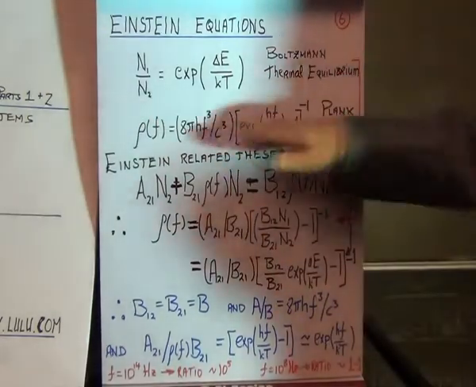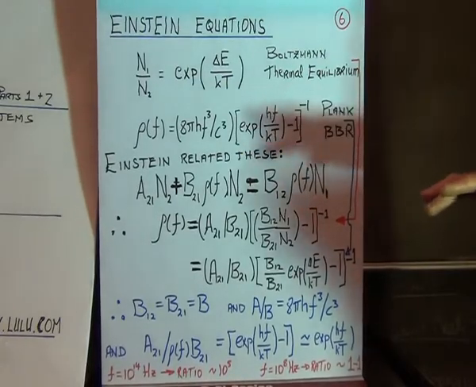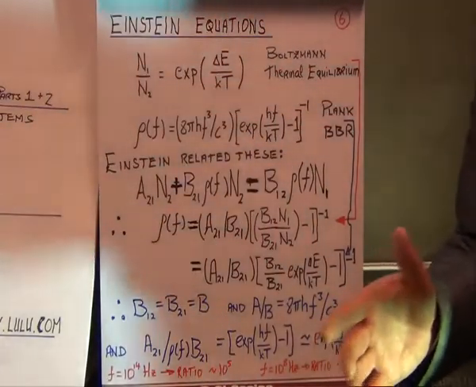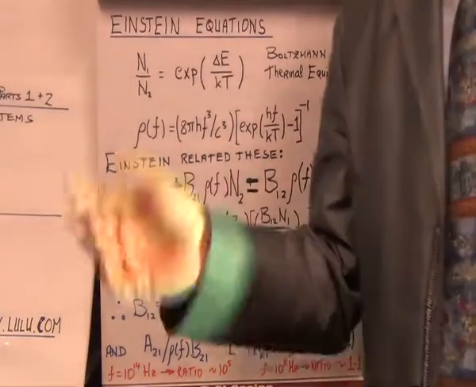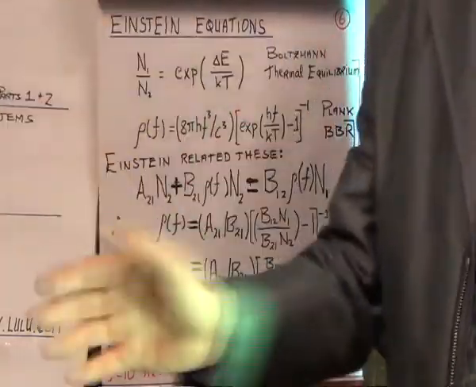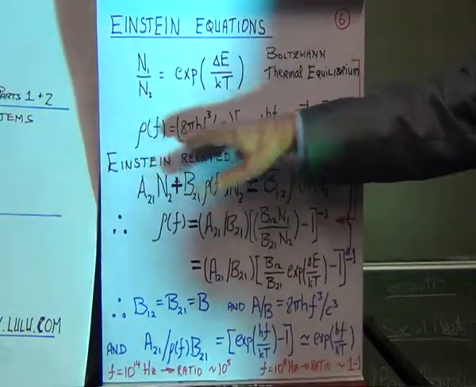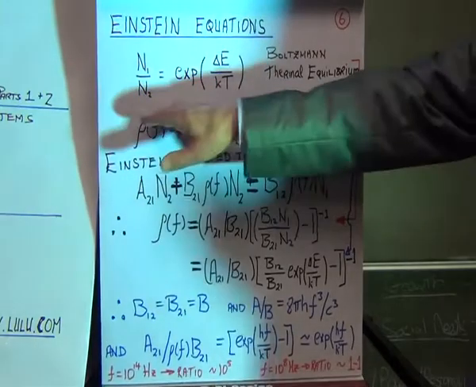So this is called Planck's black body radiation formula. If it's not black, the surface will discriminate against some colors. So if we make it black, it'll be uniform across the spectrum, and it'll give us the true optical density of light across the whole spectrum.